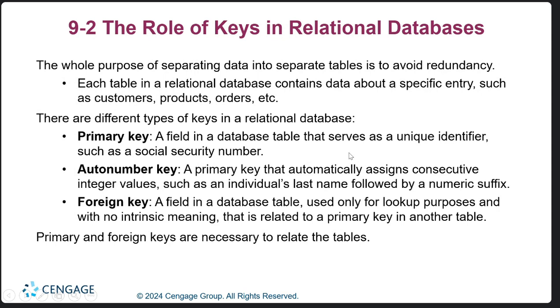So the first key is called primary key. So primary key is unique, that means like our IC number, right? Or like your student ID, very unique. So imagine each table is like a different data set.